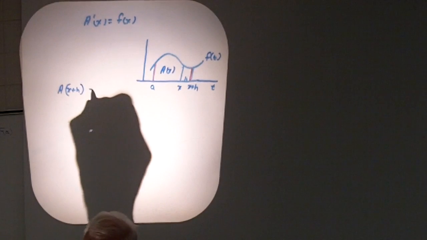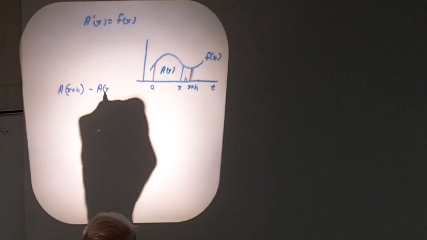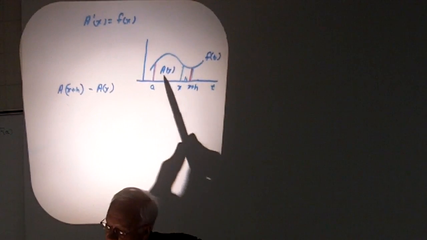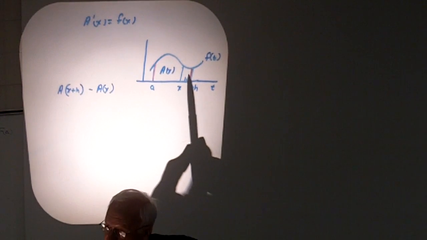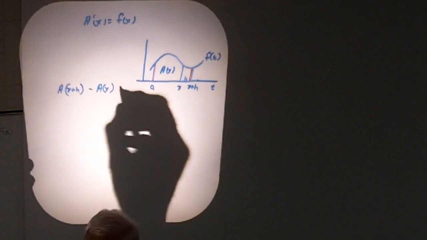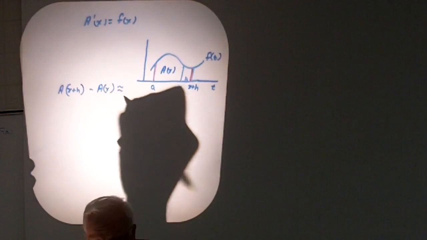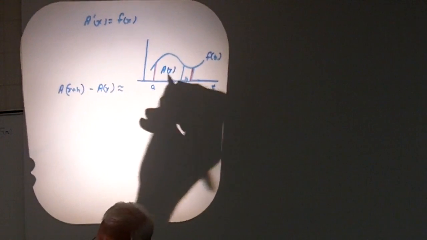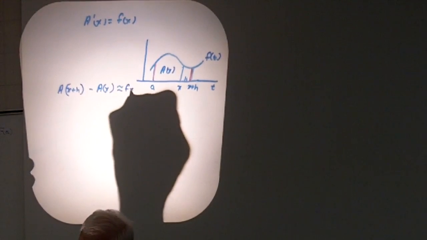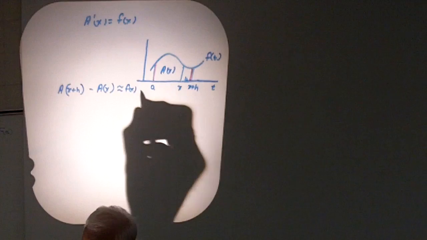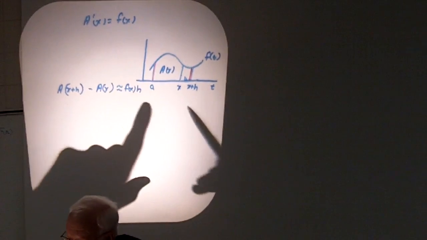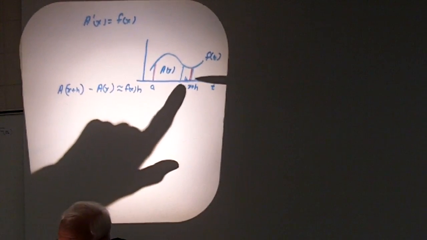I'm going to subtract the area of A of x away from all of this, and then I'm going to land up with about this. Now watch what I'm going to do next in terms of getting that area. That's going to be approximately, which is lousy stuff, but we're going to use it, f at x times h. This height right over here times this width.